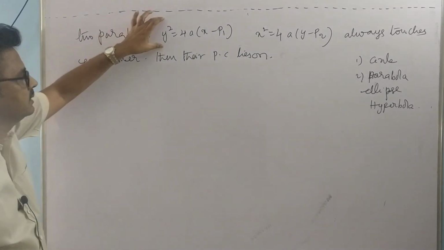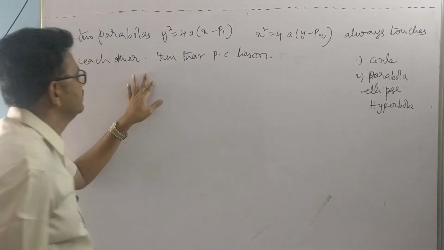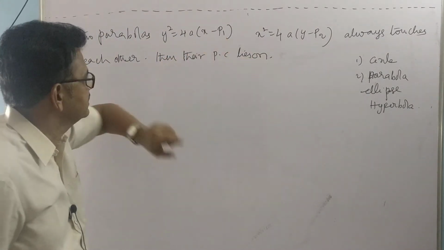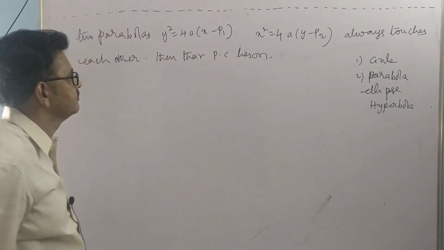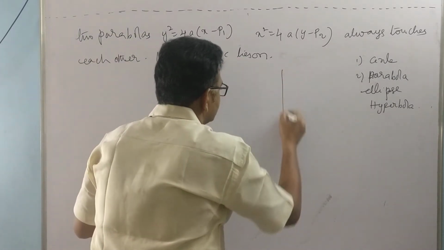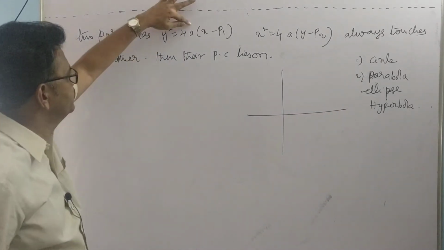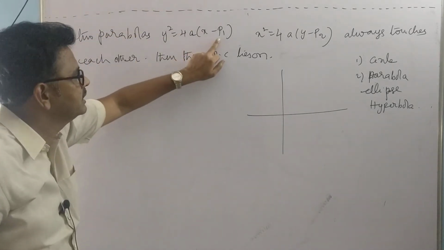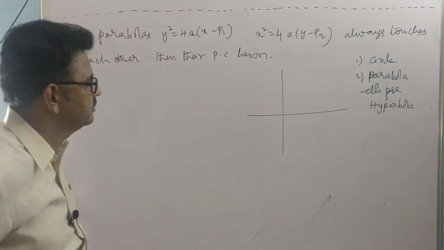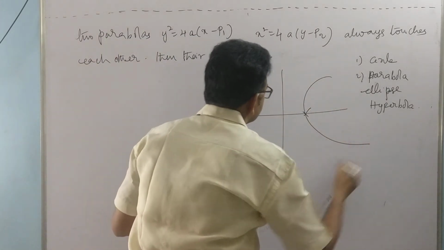Two parabolas always touch each other where p1, p2 are parameters, then their point of contact lies on. See, the first one, y² = 4a(x - p1). The vertex of the parabola is (p1, 0), and the parabola is like this.